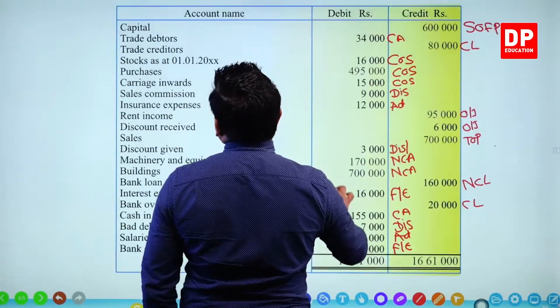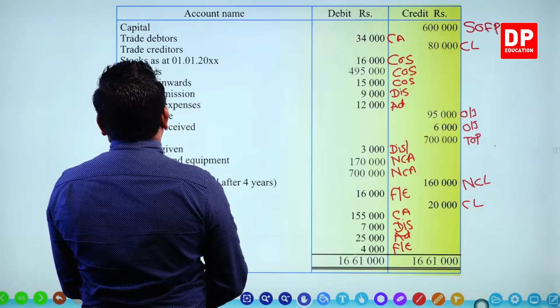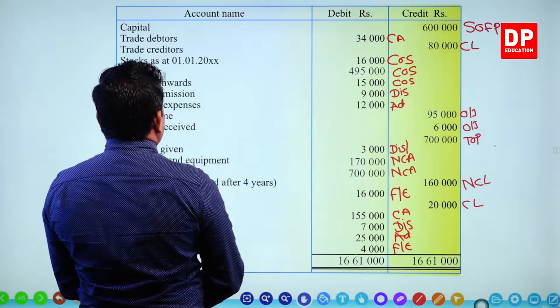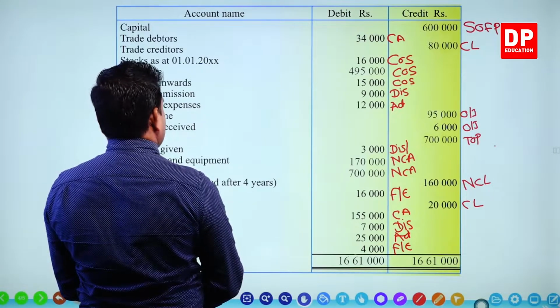Then next, sales commission 9,000, insurance expense 12,000.